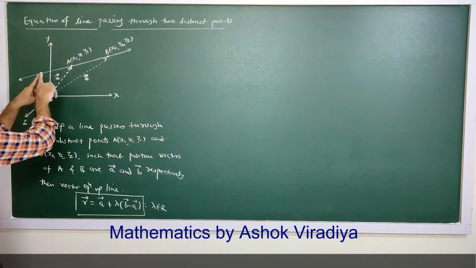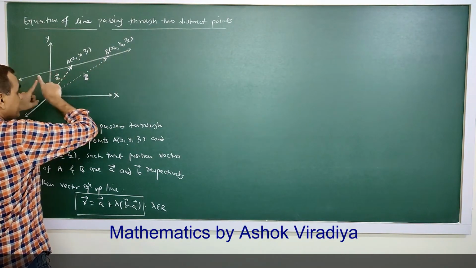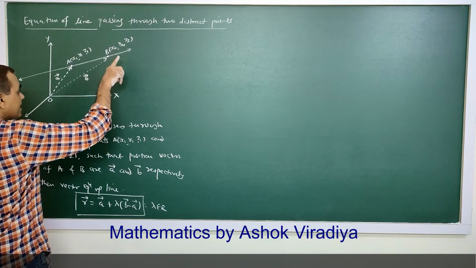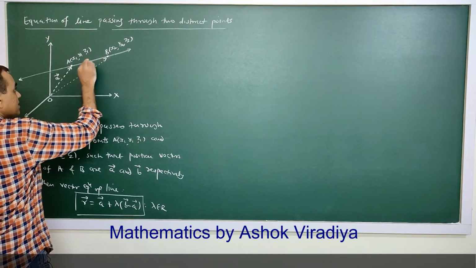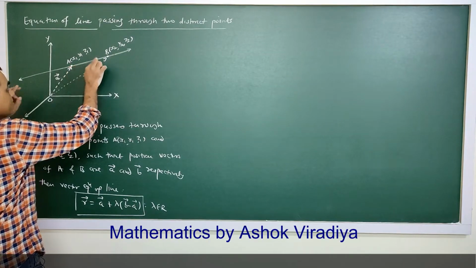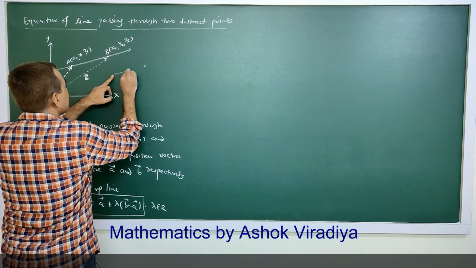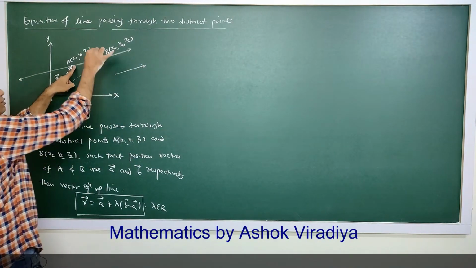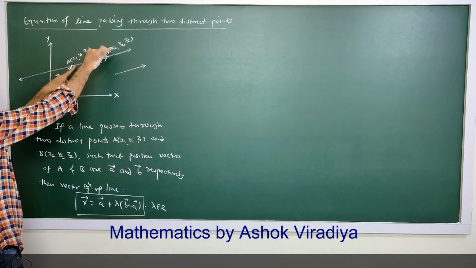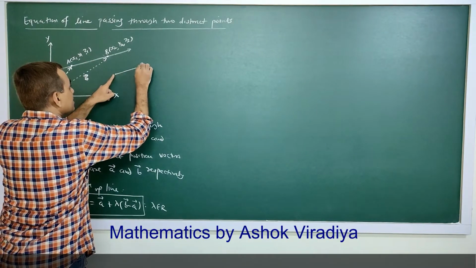So what will be parallel to this line? Parallel to this line, we can take the vector AB. If you imagine this vector AB, directed towards this side, this is vector AB.